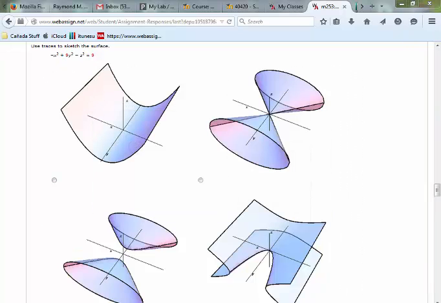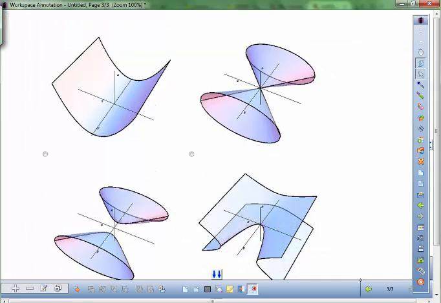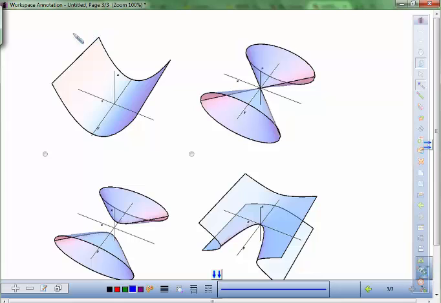Let's do another set real quick. So the first one is pretty easy, right? Parabolic cylinder. Next one is a cone. This one is what? Hyperboloid.